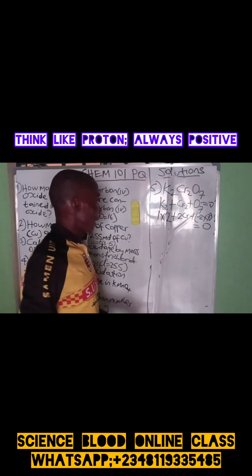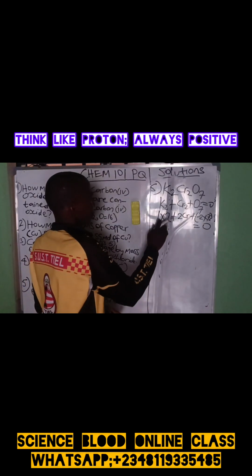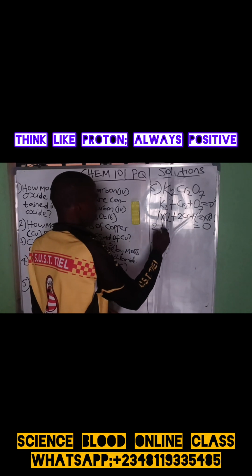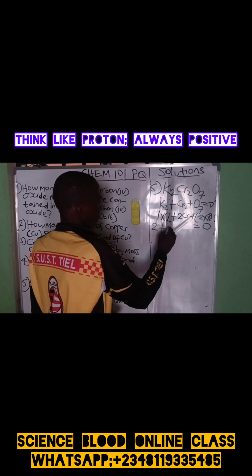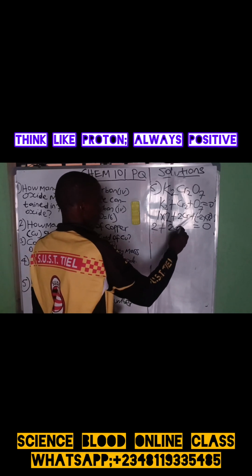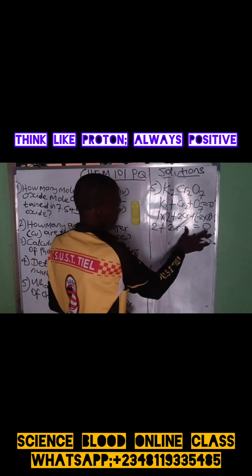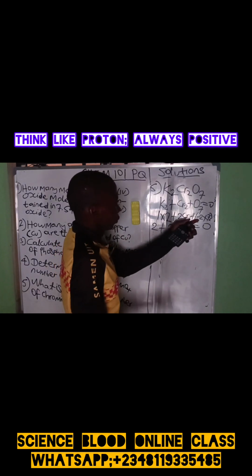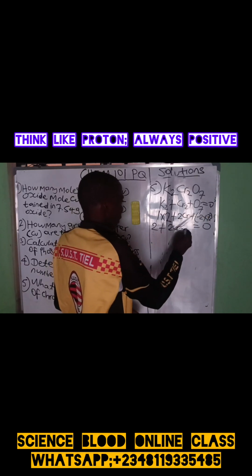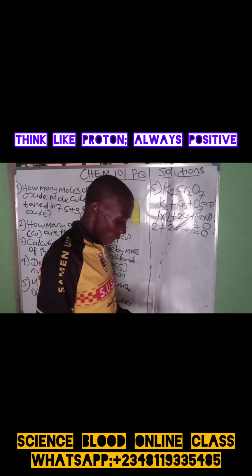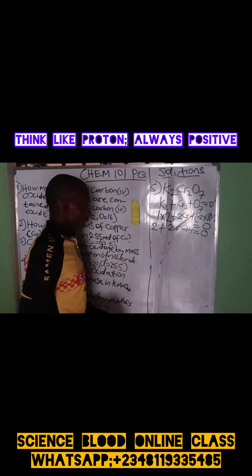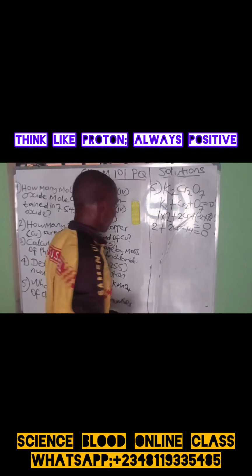So let us multiply out. Here we have 1 times 2 will give us 2, plus 2 times Cr will give us 2Cr, plus minus 2 times 7 will give us minus 14, equals 0. Let's continue. What next? We are going to collect like terms.